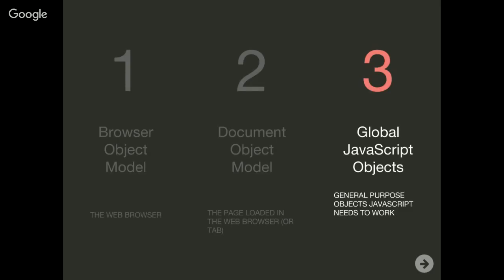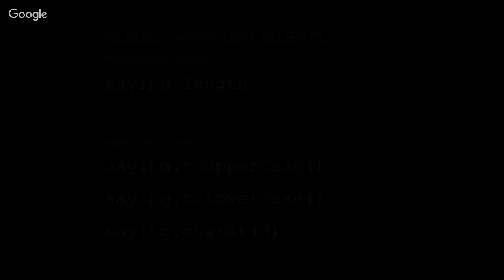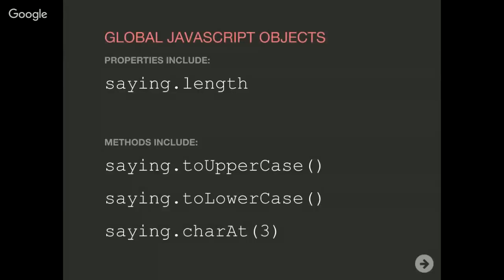And then finally, last but not least, there are the global JavaScript objects. These are objects that are available to you when you write JavaScript code, things like a date, for example, general purpose, and you can call them and use them in your code. Some of the properties include length, the length of your string, which you can get through JavaScript. You can also use methods tied to a string.